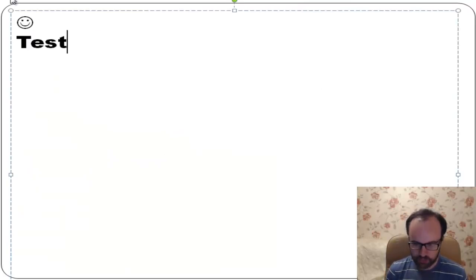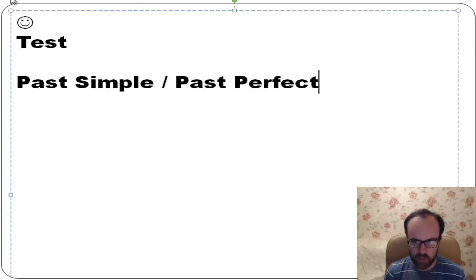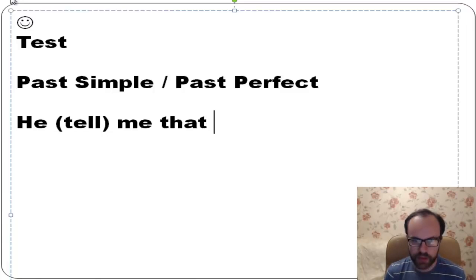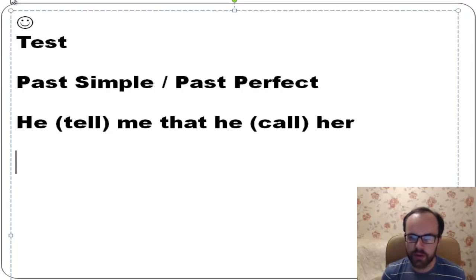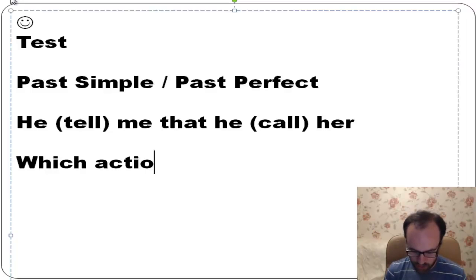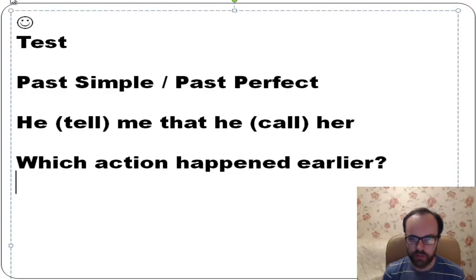Okay, test. Past simple or past perfect. He tell me that he called her. So it's about the past. Which action happened earlier? So tell or call.